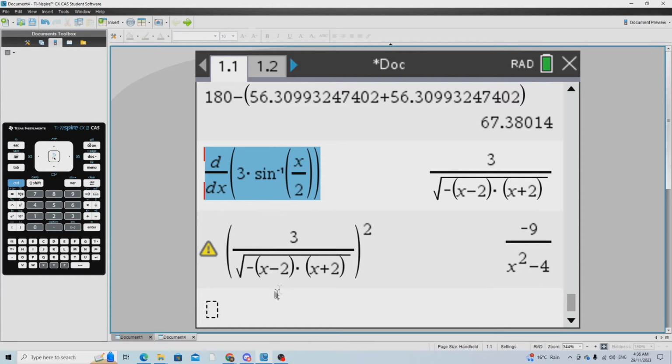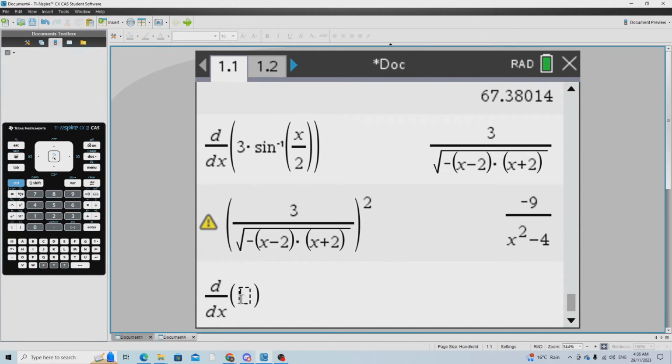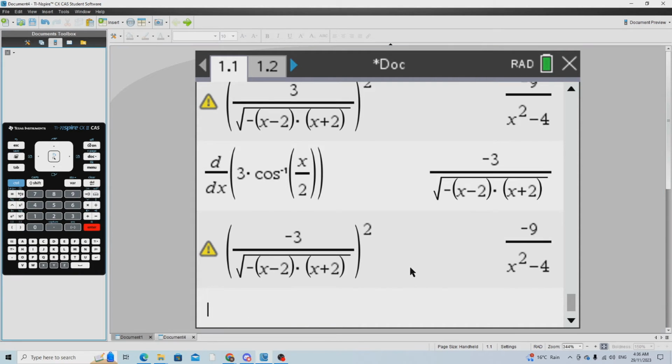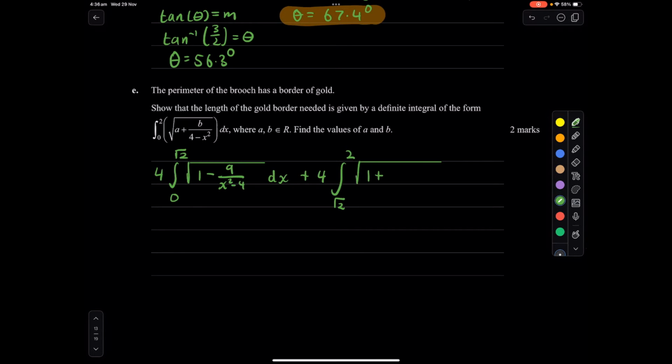So this over here, what's 3 times cos inverse x over 2? We get this, and we're just squaring it. We get negative 9. It's pretty much the same thing. Negative 9x squared minus 4.